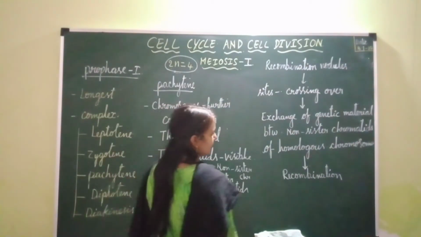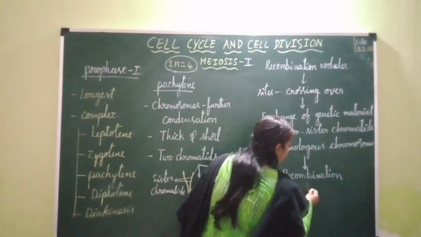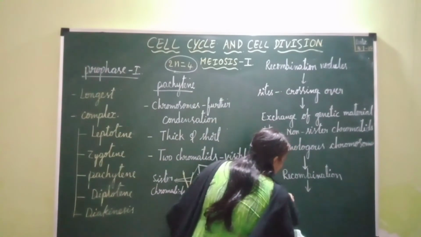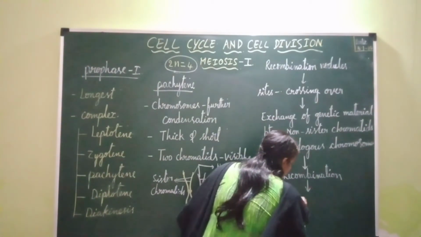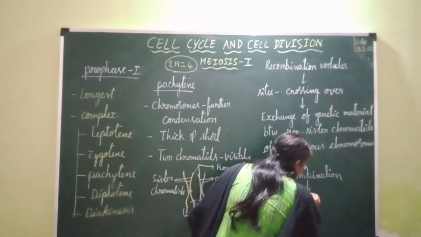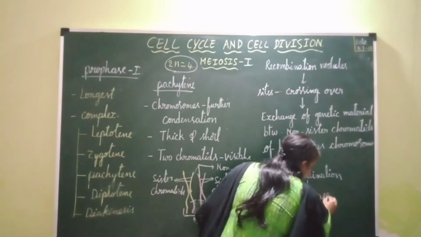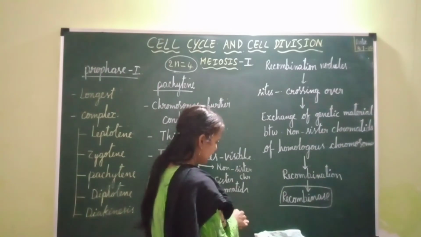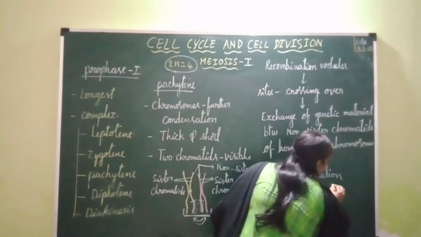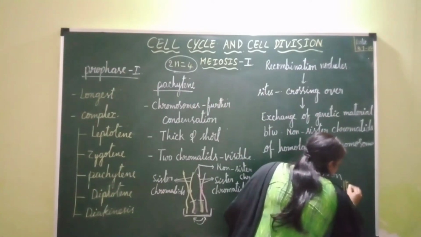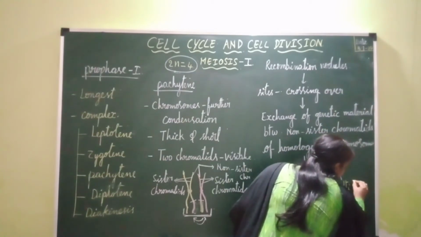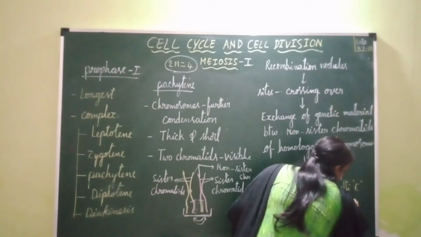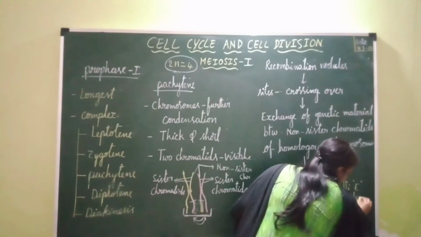And this crossing over is performed by the activity of the enzyme recombinase. This recombinase enzyme is a multi-enzyme complex because it consists of two enzymes.